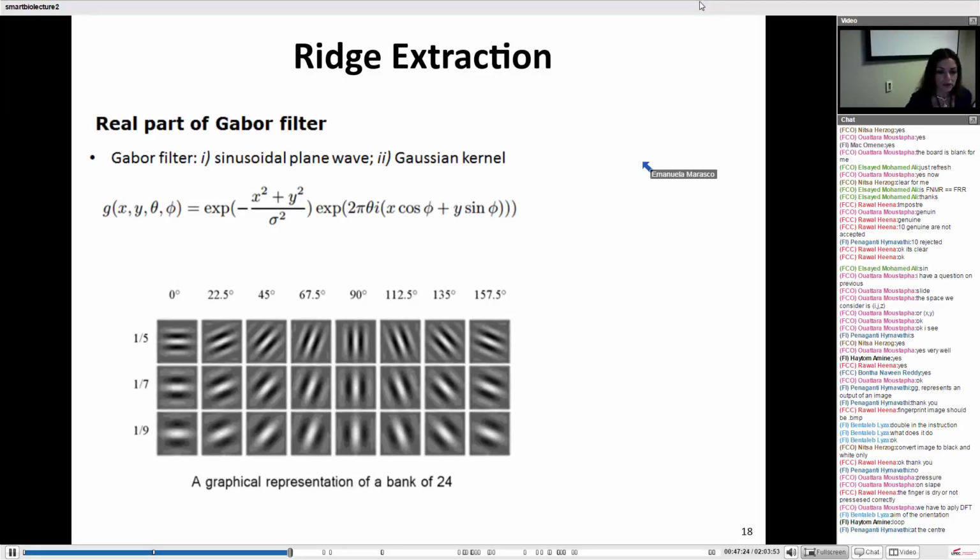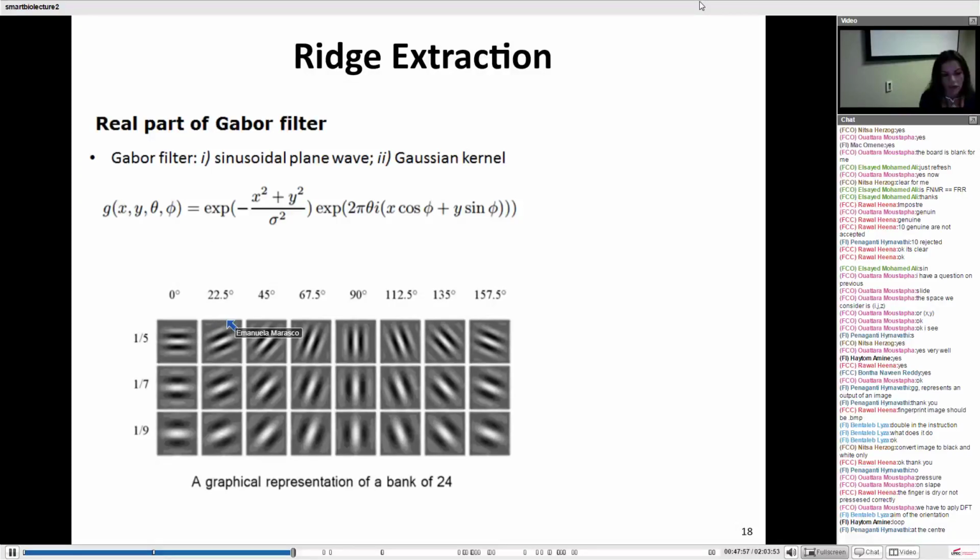There is also, for the ridge extraction, a way to enhance the image and then to have a better ridge extraction. For example, we can use a Gabor filter. The Gabor filter is based on a sinusoidal plane wave and the Gaussian kernel. So we can see the Gaussian kernel and the sinusoidal plane wave here at this point.